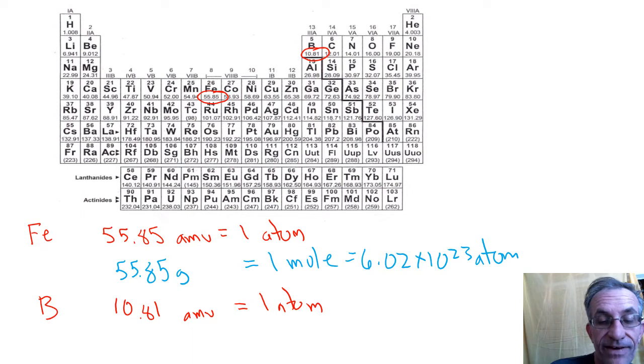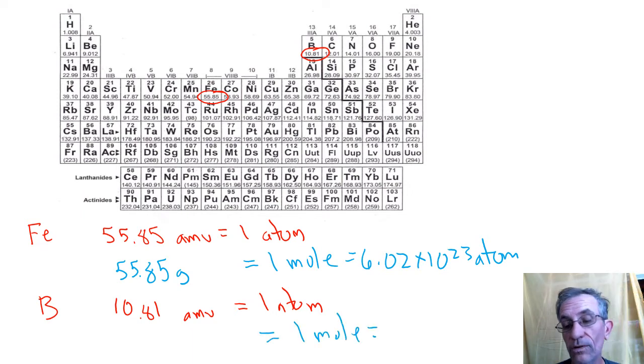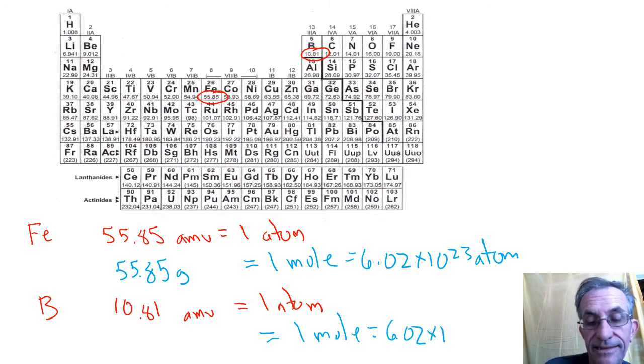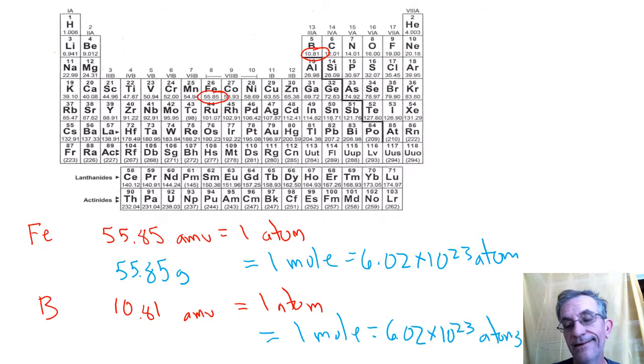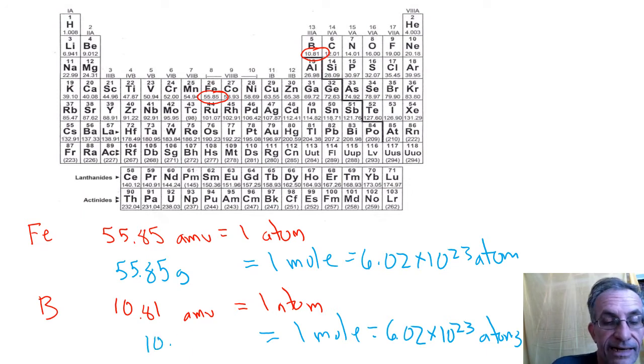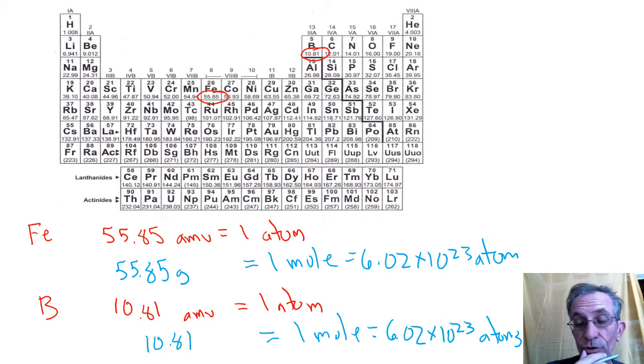If I have a mole of boron, what does that mean? A whole lot of boron atoms, billions and billions of them, 6.02 times 10 to the 23 atoms of boron. Their weight together would be 10.81, same number, but a different unit.